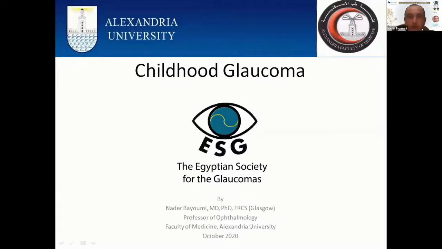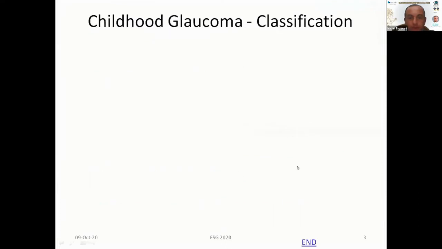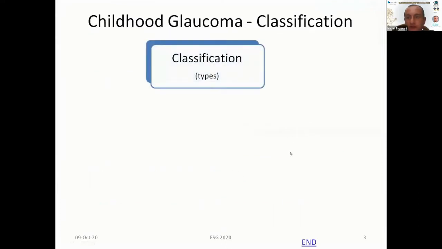So now, good evening, everybody. This is Nader Bayoumi, and this is the first part of my presentation, which will be the classification of childhood glaucoma. We'll highlight first the titles, and then we'll go a little bit into details.